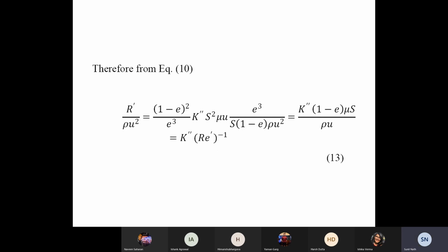I already related that velocity as U by E, so inversely proportional to the voidage. Okay. And I need this R prime upon rho U1 squared or rho U prime squared. Different terminologies are used on the Y axis, which is the drag part or the modified friction factor, you may call it, for a packed bed.